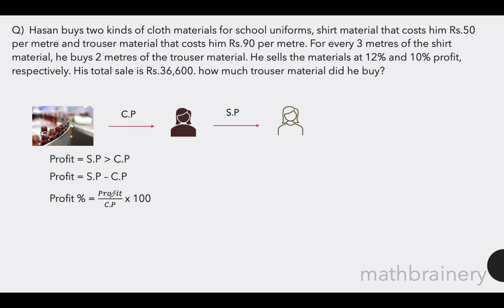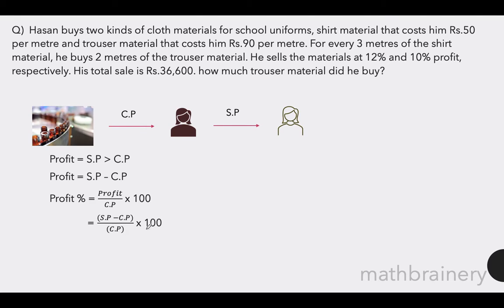Let's substitute profit is equal to SP minus CP in this formula. What you get? Profit percent is equal to (SP minus CP) by CP into 100. Now let us try to reorganize this selling price and cost price so that I can get the formula for selling price from this formula.